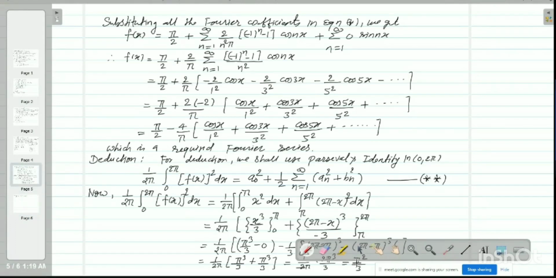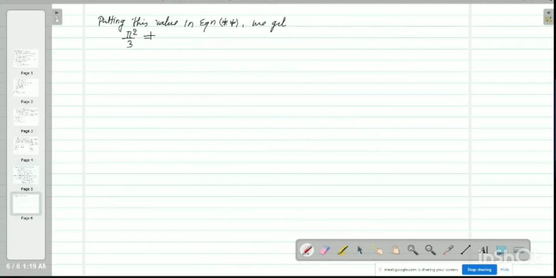We found pi square by 3, okay. So this is equal to a naught square plus 1 by 2 summation running from n equal to 1 to infinity of a n square plus b n square. Now name this equation number triple star.